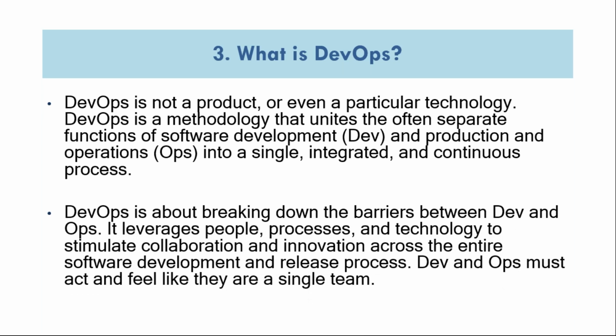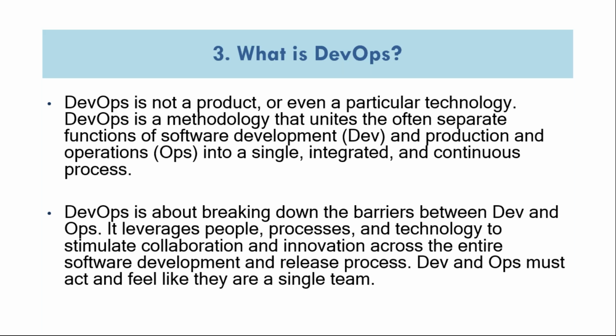So DevOps is about breaking down the barrier between development and operations, dev and ops. It leverages people, process, and technology to stimulate collaboration and innovation. You always look for new betterments in every area.